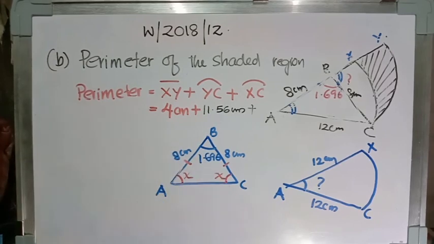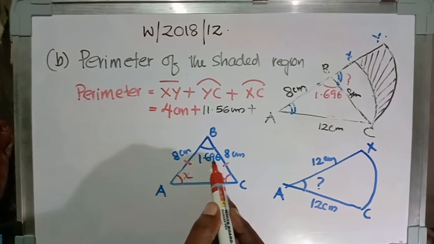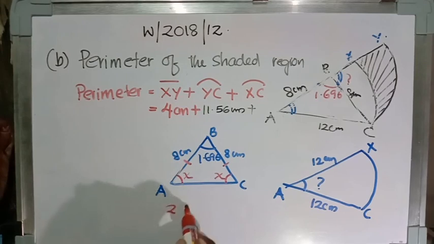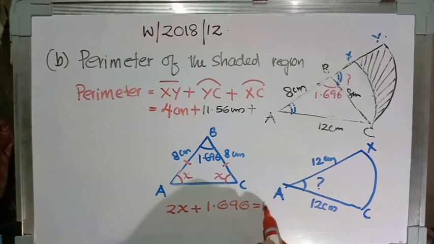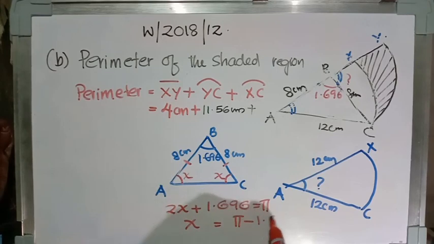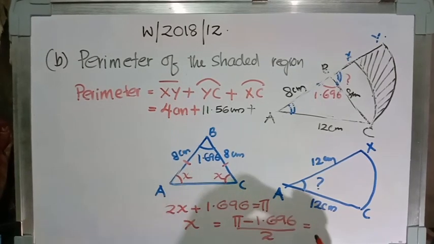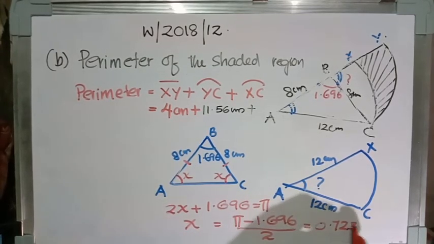And now make use of the angle sum property. We get 2x plus 1.696 is equal to pi, or x is equal to pi minus 1.696 divided by 2, which is equal to 0.723 radian.